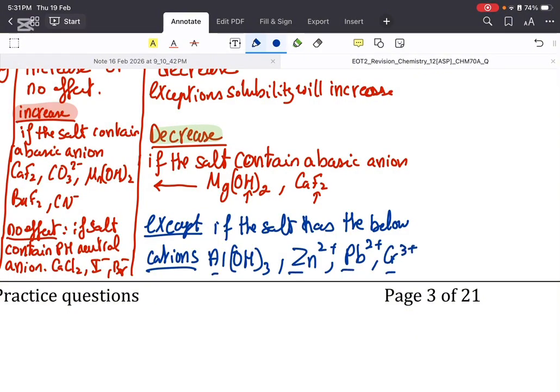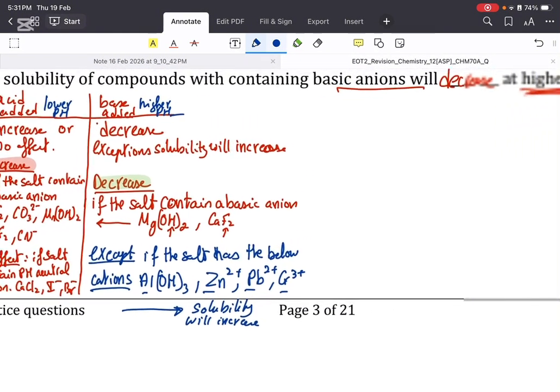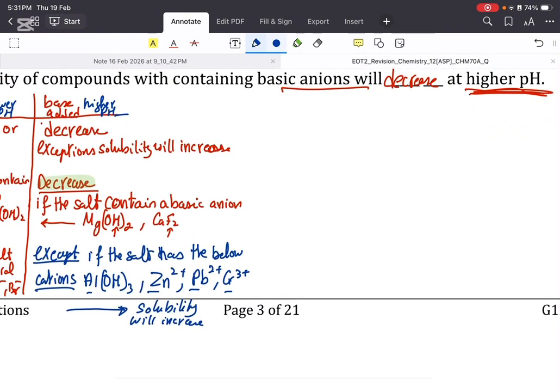When these ions are present in the salt, they react with this added base because they are amphoteric, and in this case equilibrium will shift to the right and solubility will increase.